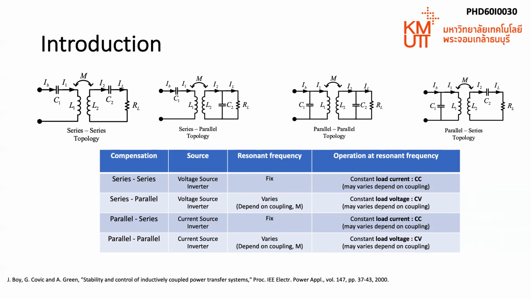In my research, the PP compensation is selected because it can provide constant voltage with low input current requirement. But you can see in the table that, unfortunately, for operation at the resonance frequency of all conventional compensation techniques, the voltage or current depends on the coupling, which is related to the misalignment position and the air gap distance.